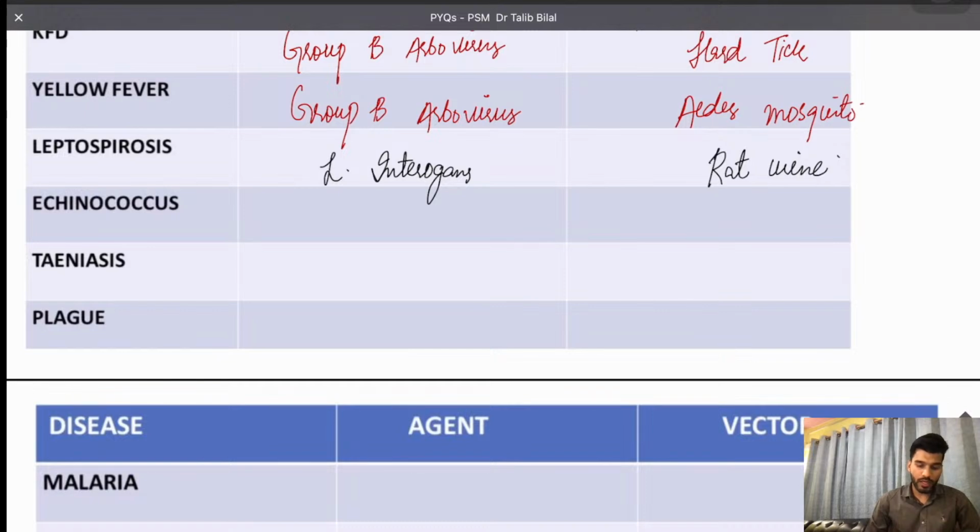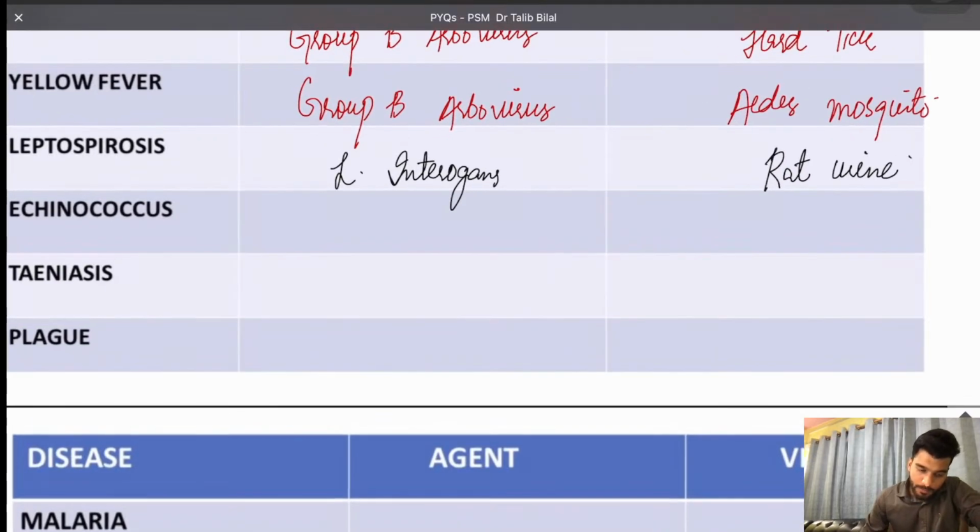Yes, you use tetracyclines as well. Yes, tetracyclines is right as well. Doxycycline, right? Doxycycline. Okay, then echinococcus, the agent is echinococcus granulosus.